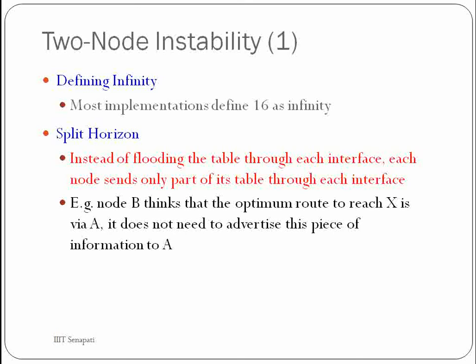Instead of flooding the table, we can send only a part of the table through each interface. Assume node B thinks that the optimum route to reach X is via A, right? So it does not need to advertise this piece of information to A.